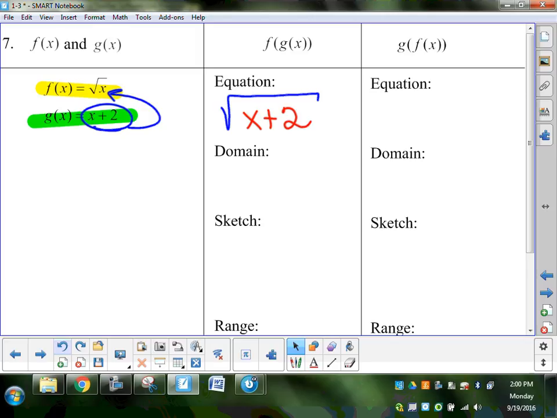Looking at that now, you should be able to comfortably answer what your domain is going to be. Hands up, please, if you can tell me what the domain on this would be. We've got 1, 2, 3 of you, 4, 5. The square bracket, -2, and then plus infinity, parentheses.